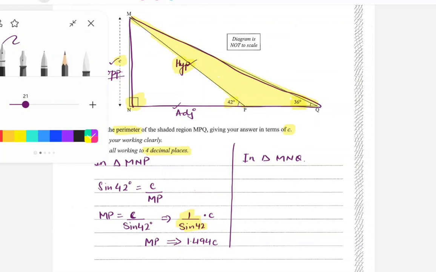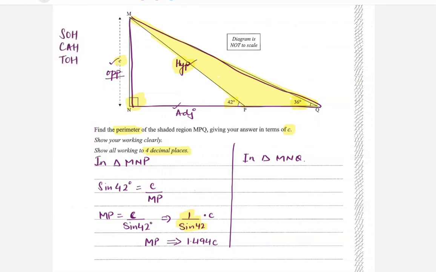So now here, again, we have C as our opposite. Adjacent is the whole length, right? And this is your new hypotenuse. So again, if we are finding the hypotenuse, we will use opposite over hypotenuse. That is sine 36 degrees is equal to opposite, which is C, over hypotenuse, which is MQ.